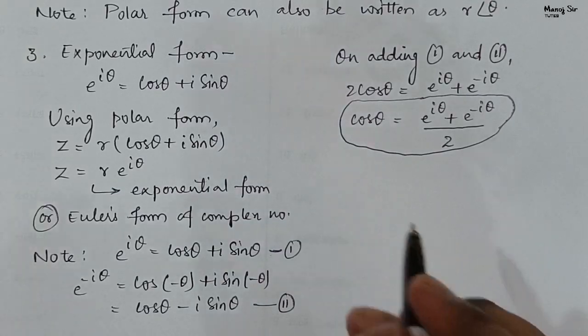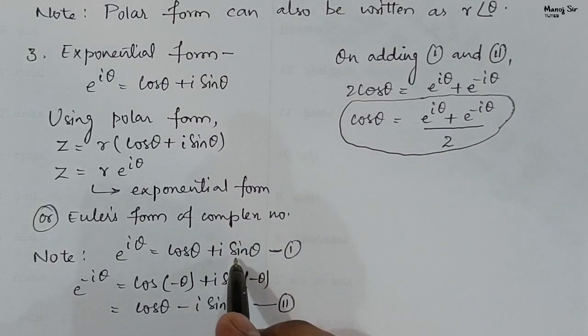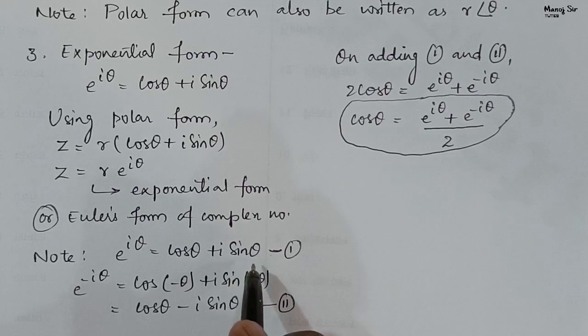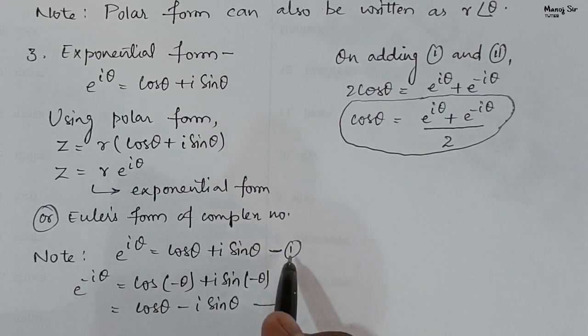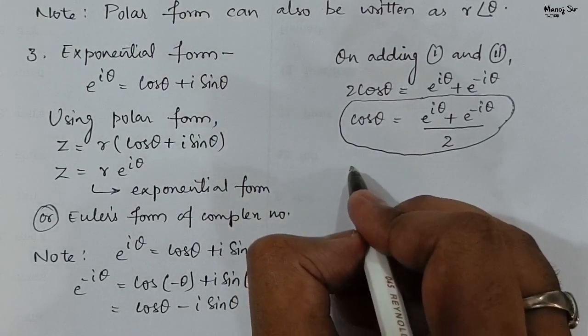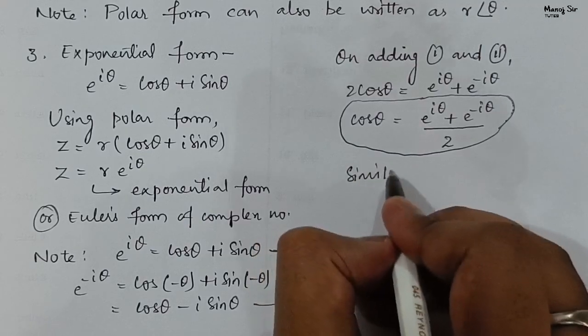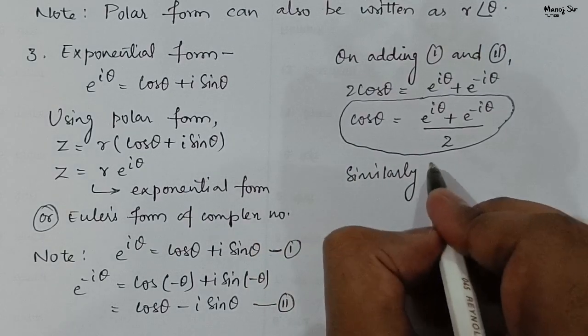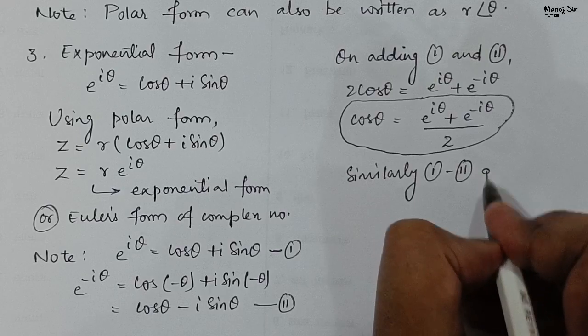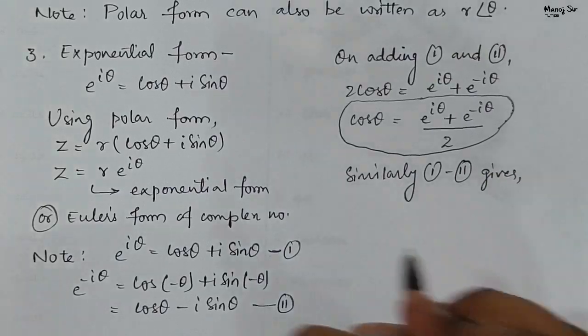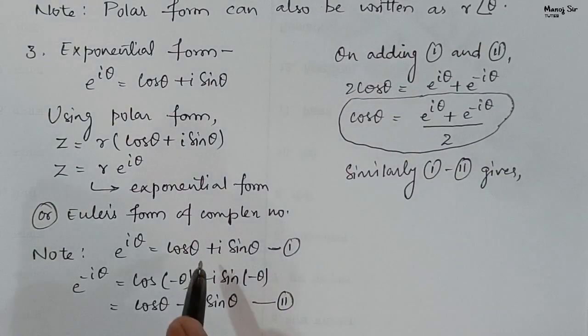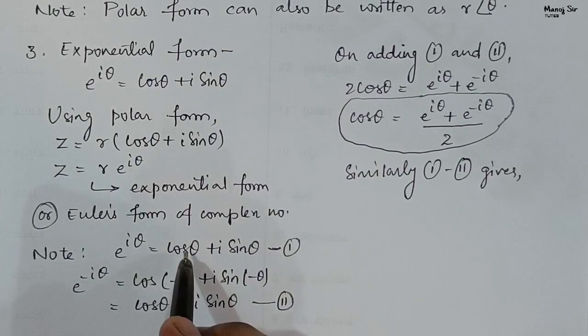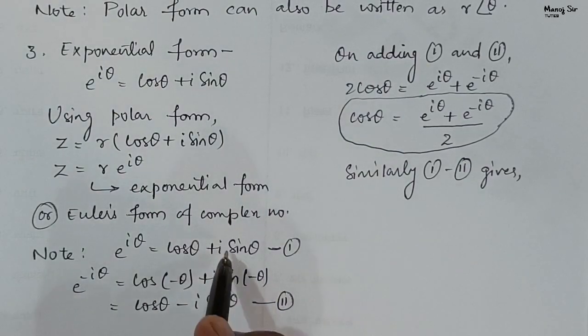Now again we want to find sin theta. In that case we will use 1 minus 2. Similarly, 1 minus 2: cos theta will get cancelled.